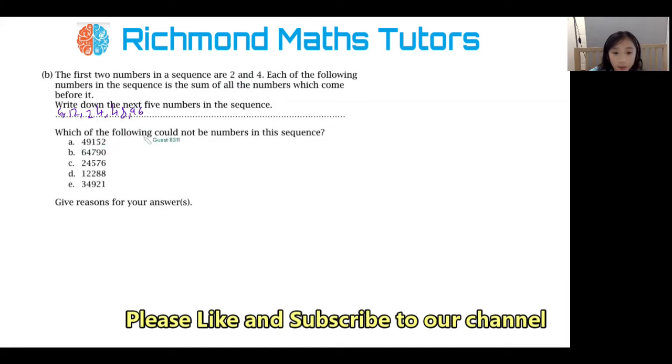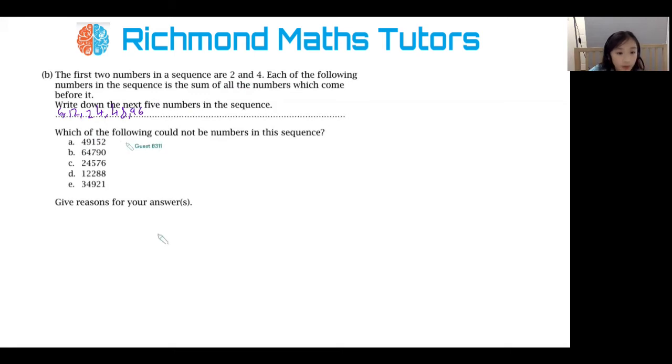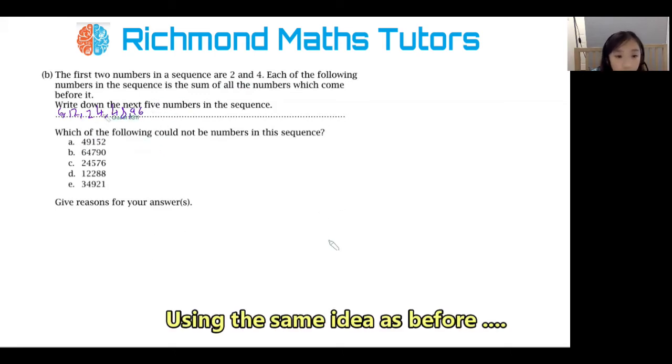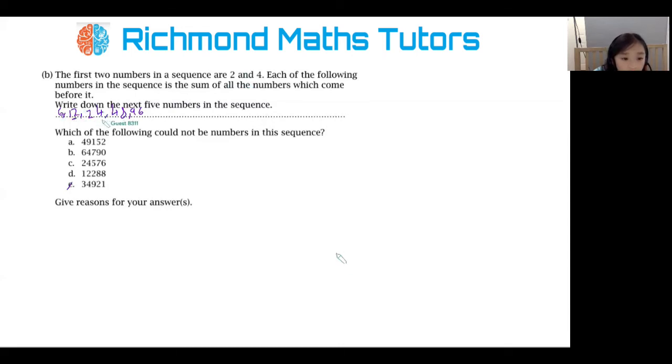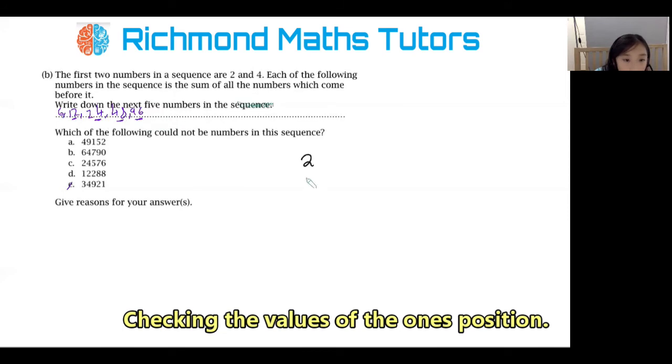Which of the following could not be numbers in this sequence? So these are all even numbers, so it can't be E. But also, there's a little pattern as well. It goes from 2, 4, 8, and 6. And if we carry on, it will be 96 plus 96.